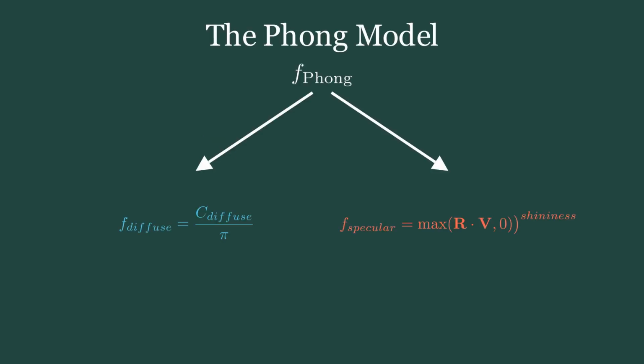A shininess parameter is used to control the strength and sharpness of the specular highlight, with higher shininess values producing a more focused and intense highlight, and lower values resulting in a broader and softer result.